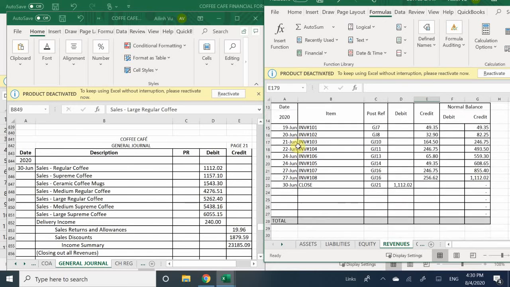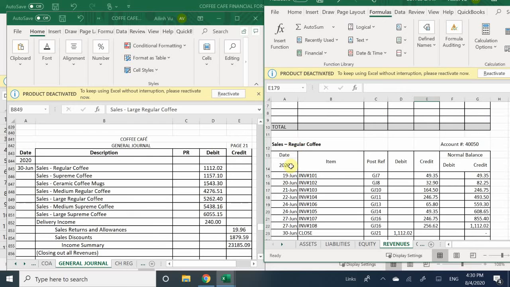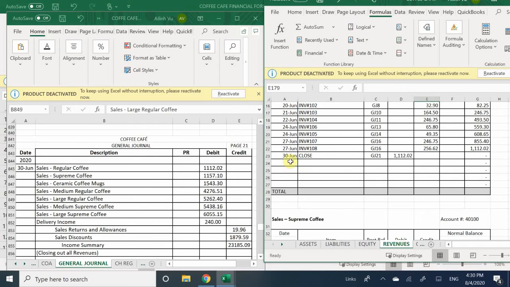In this case, for my sales of regular coffee, I went ahead and entered this into the ledger, and I have a credit balance right now of $1,112.02.